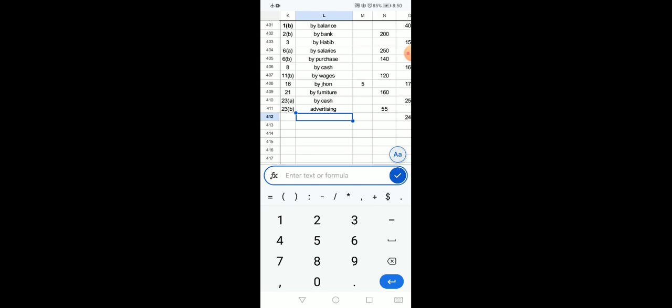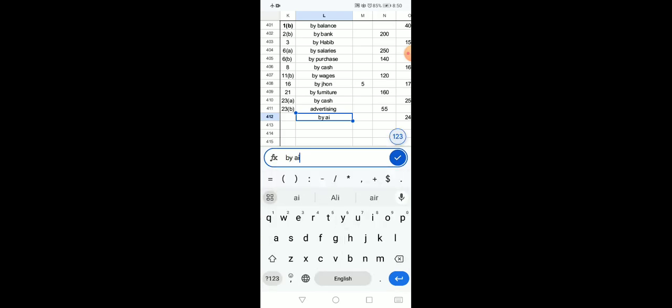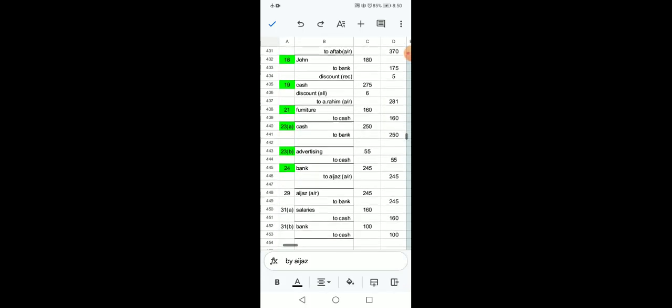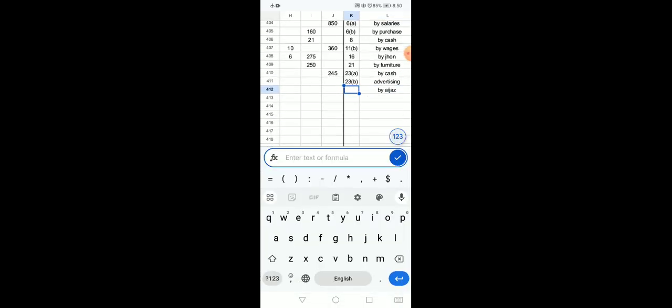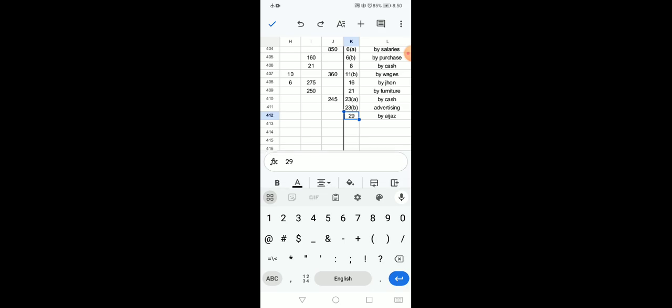That is Ijaz. So put Ijaz's name over here with an additional word "by". Now see its date, which is 29. Let's put the date 29 in the date column.